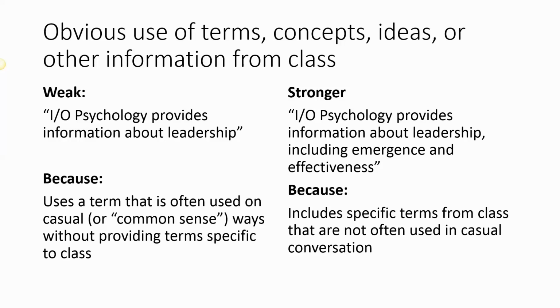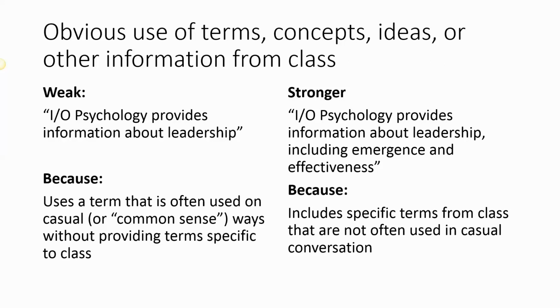You might pause the video for a second if you want to reflect on this idea. The reason I included this, and I use leadership because it's a unit that we won't be covering in class, so I'm not giving you anything for the exam, but it's a great example of some of the potential pitfalls. We talk about leadership on a regular basis, and we're not always talking about it in the same way we talk about it in class.